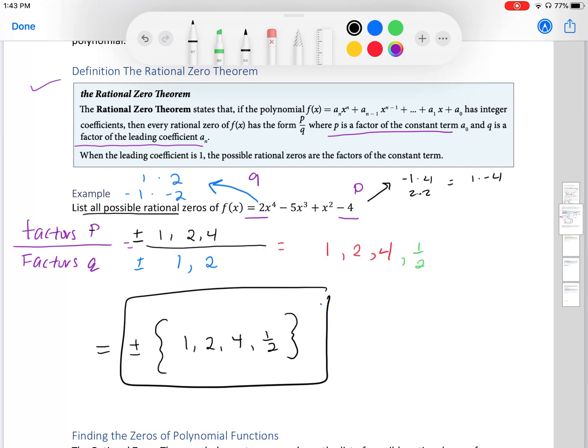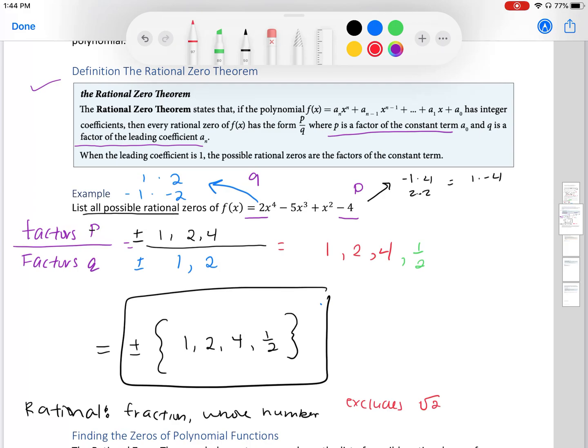Now, a little side note, what does it mean to be rational? A rational number is a number that's a fraction, a whole number, that's rational. Notice it excludes irrational numbers like the square root of 2.